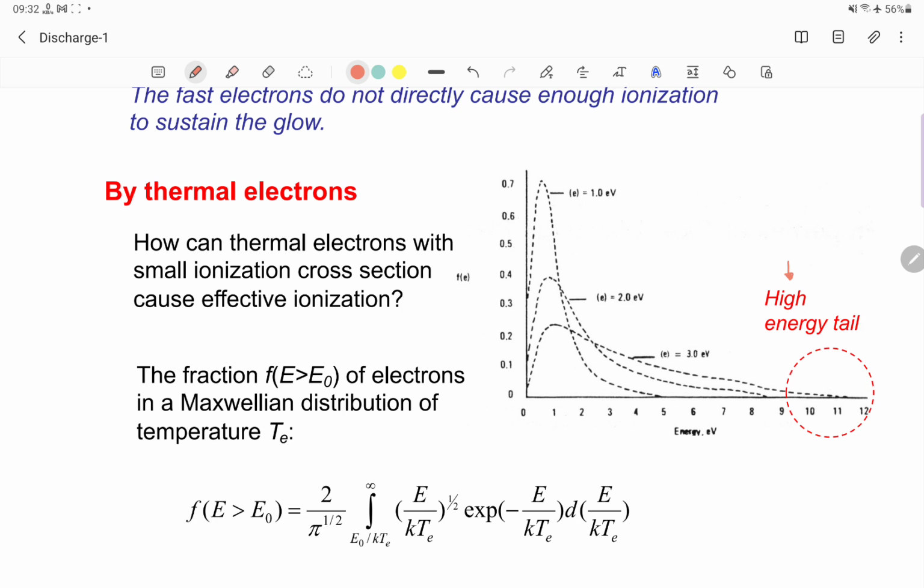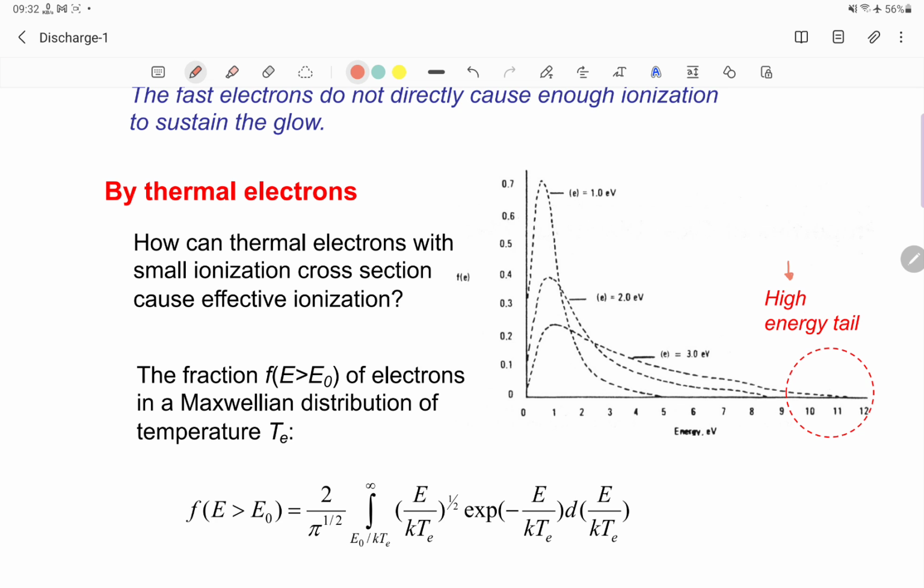Even though the average energy of the thermalized electron is only 2 or 3 electron volts, there are some electrons with energy higher than 10 or even 15 electron volts. Those electrons can ionize gas atoms and generate more and more electron and ion pairs. So this part becomes the most important part.